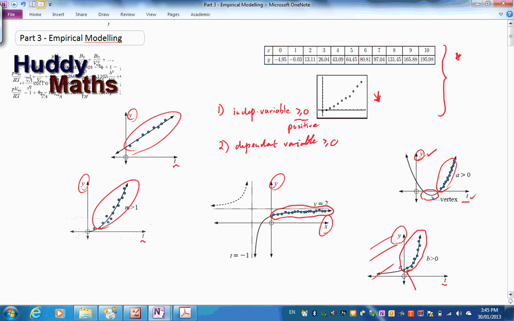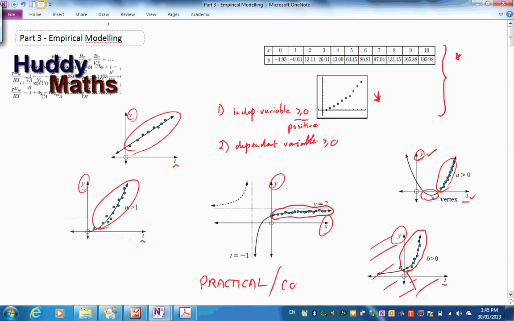So quite often we would shade those quadrants in, saying that they are not within the domain and range of this function. If you remember the first exercise in chapter 2, talking about domain and range. Where can a function exist? Well, on top of where it can exist, we need to make it practical in the context of the question.